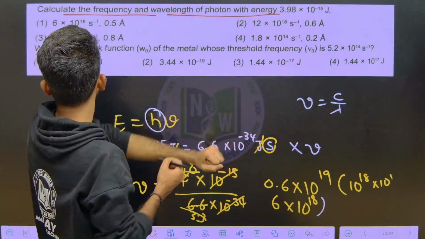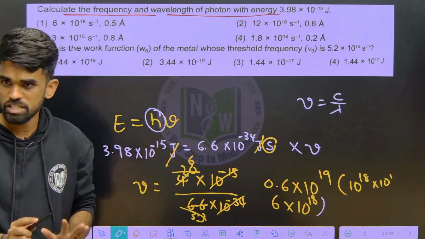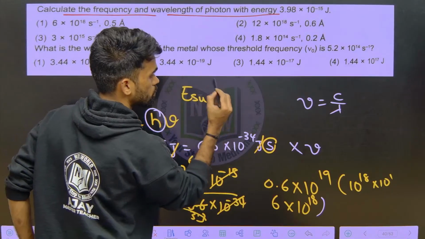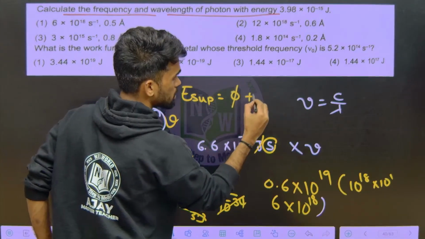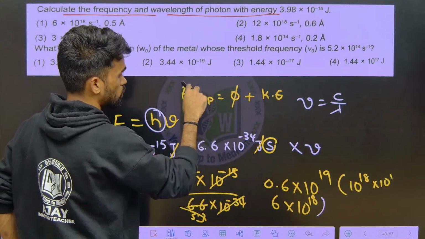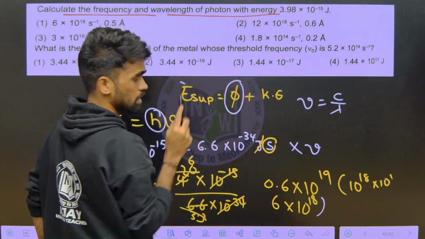Now what they are asking is the work function. This is also finding energy only. I have given energy supplied equals work function plus kinetic energy. They are not asking about energy supplied or kinetic energy, they are asking about the work function.